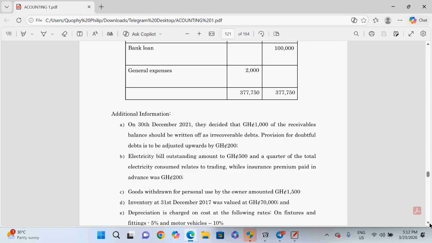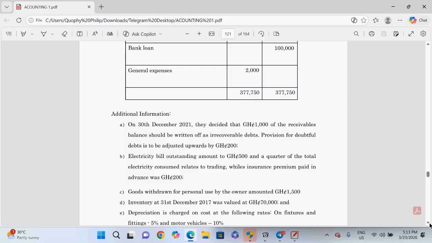C. Electricity bill outstanding amounts to 500 cedis and a quarter of the total electricity consumed relates to trading, whilst insurance premium paid in advance was 200. D. Goods withdrawn for personal use by the owner amounted to 1,500.